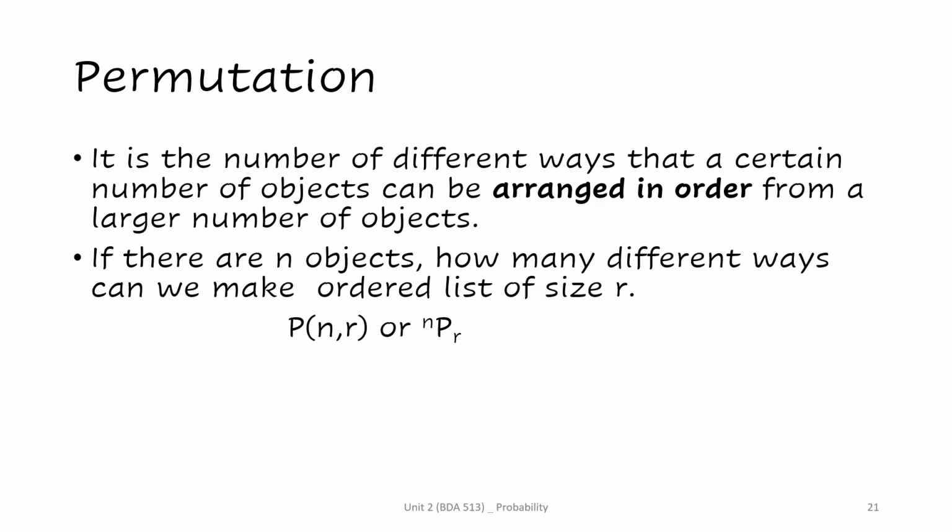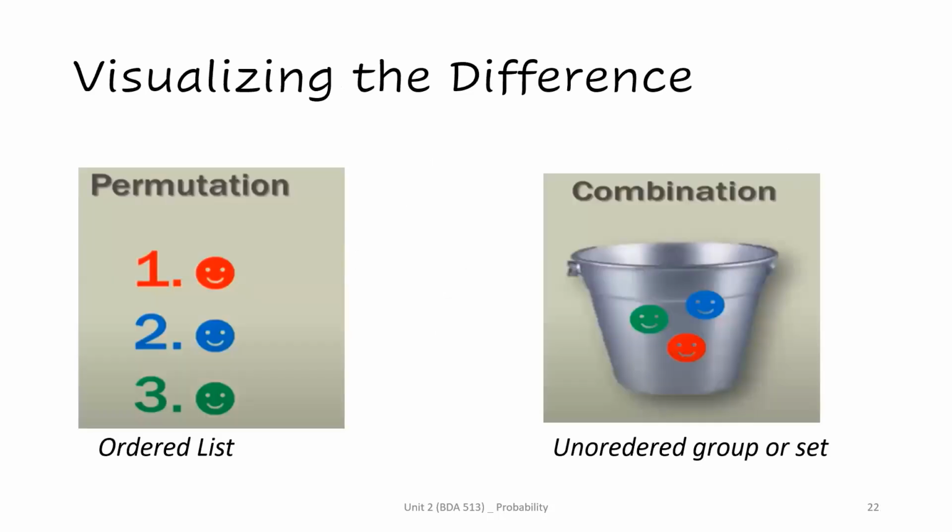When we talk about permutation, we are focused on the order in which we pick things, while combination is just picking things in a group, not in any order. So permutation is an ordered list, whilst combination is an unordered list.